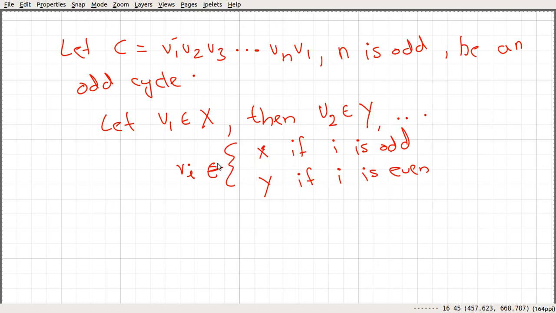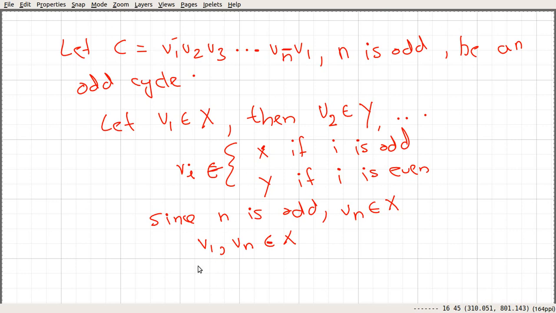Okay, and since n is odd, we can see that Vn must be in X. Now by definition, V1 and Vn, these two vertices are in X, and if you consider this cycle, there is an edge between Vn and V1.